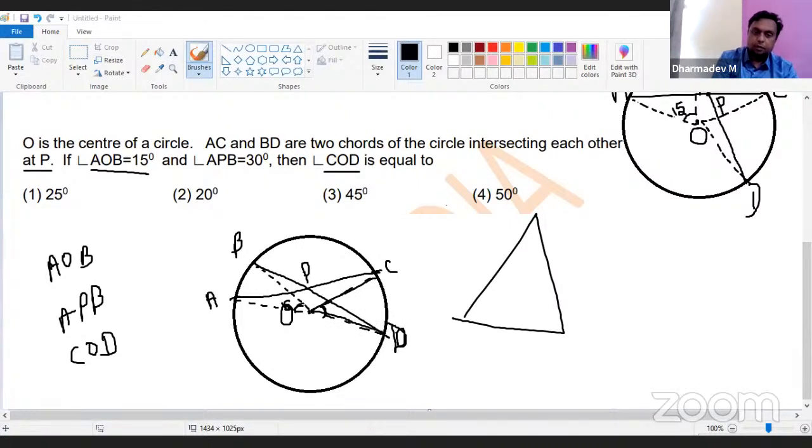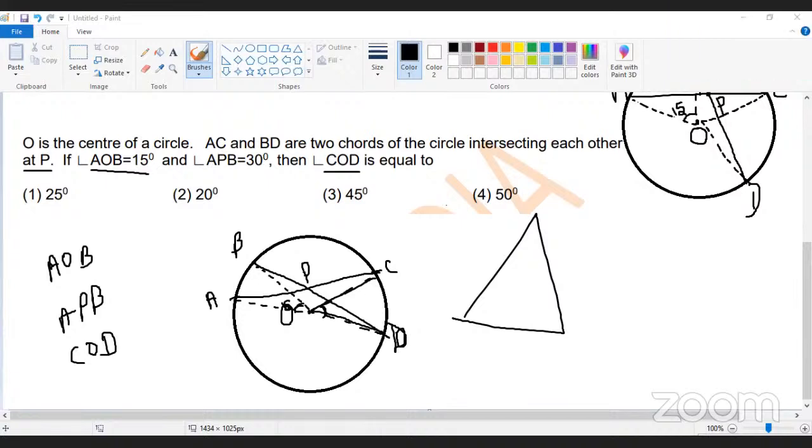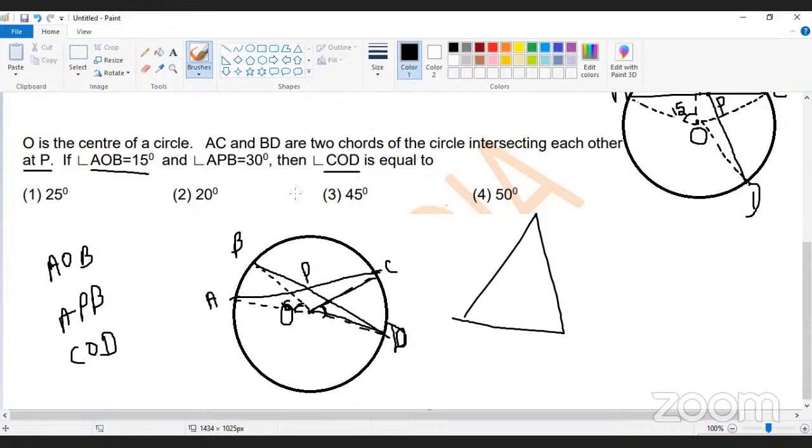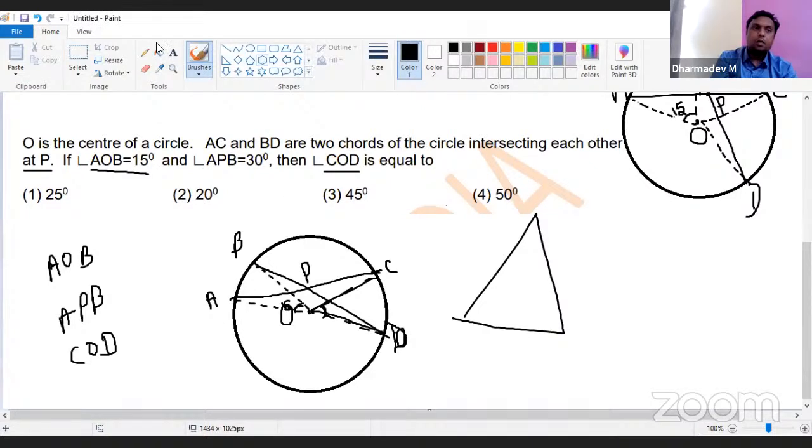When I take COD over there, what could be the angle possible? Can you find that out? Is it possible? Yes or no? I don't think so, sir. Yeah. So what is possible for us to find?